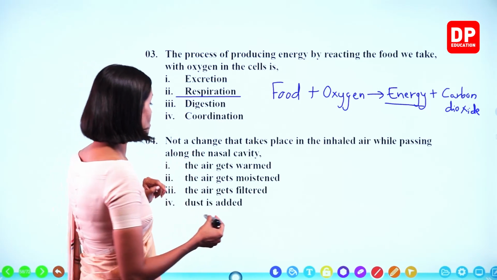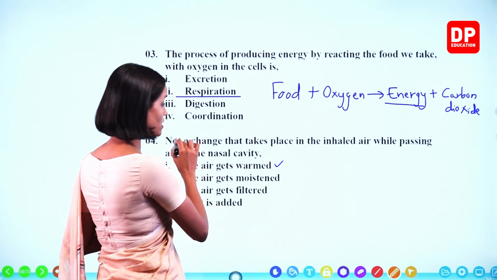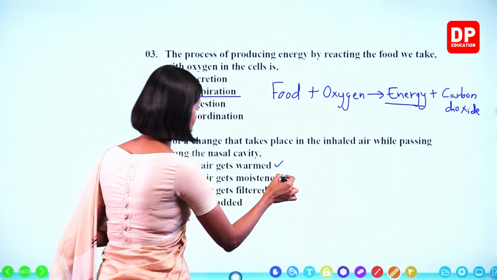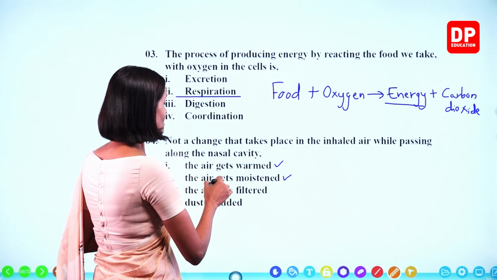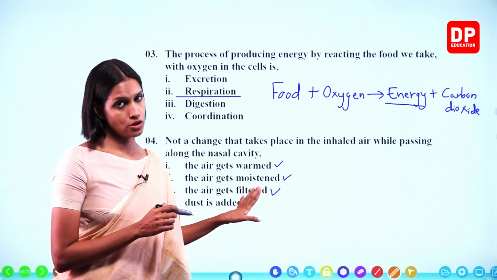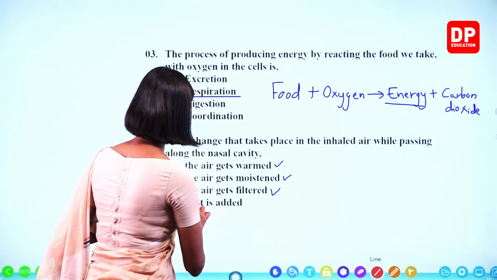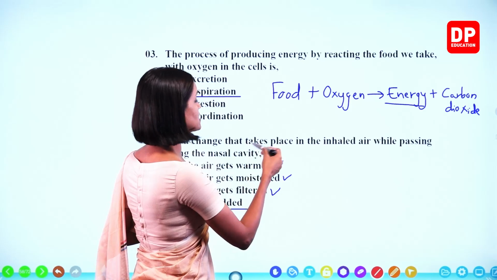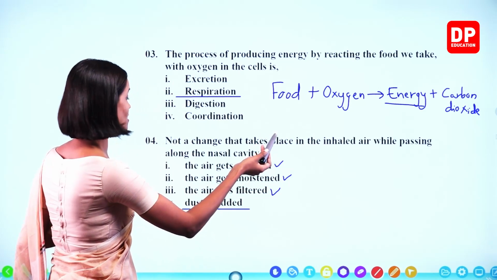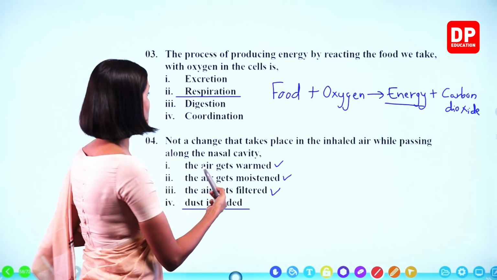The air gets warmed, that is correct, that happens, not a change. The air gets moistened, that is also correct. The air gets filtered, that's also correct. Dust is added, no. Dust is actually removed here. Air gets filtered. This is the answer, not a change that takes place in the inhaled air while passing along the nasal cavity: dust is added, right?